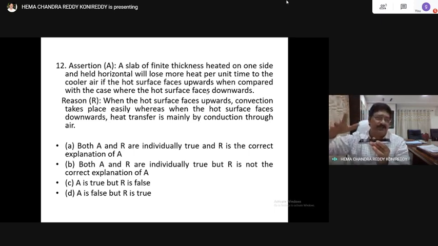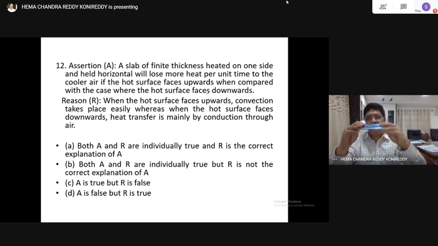There is no restriction whatsoever. Whereas if you keep it downwards and this is the hot surface, all particles coming here are heated by the plate and stick onto the plate. They are not giving way for new molecules to come in contact, because by virtue of their lower density they hang here and have no way to move vertically since the plate is obstructing.